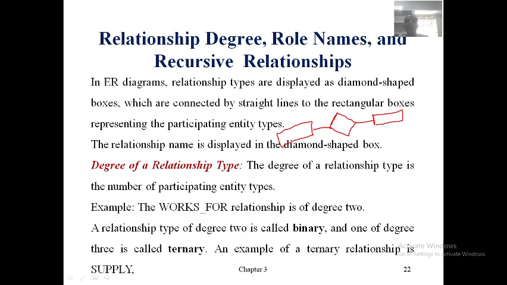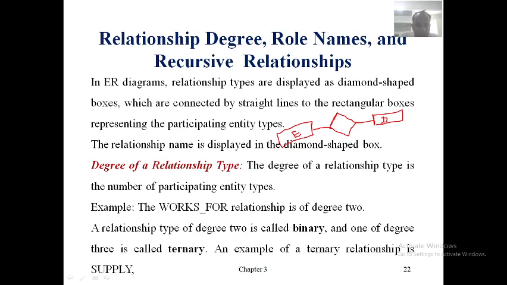Okay, employee and department. So, employee works for department. See here, this is an employee entity, and this is the department entity. These are the participating entities which are connected to the diamond shaped box with straight lines.